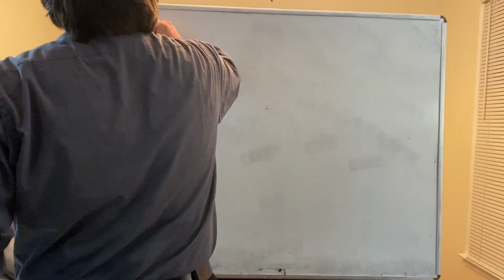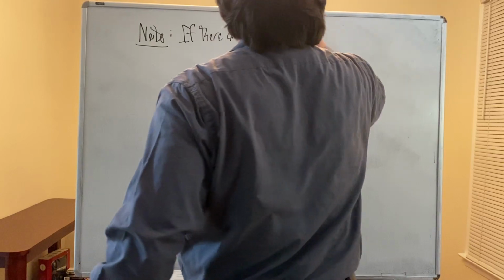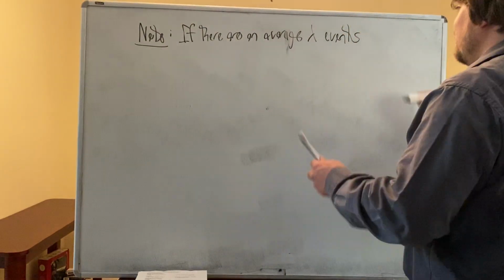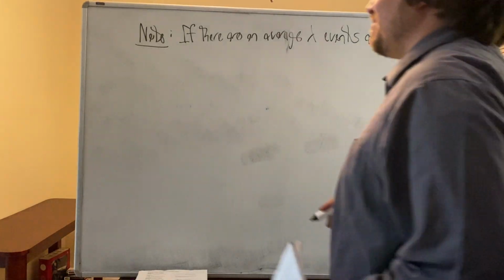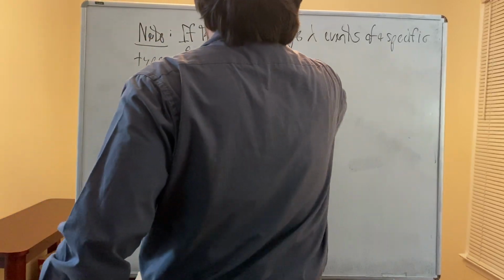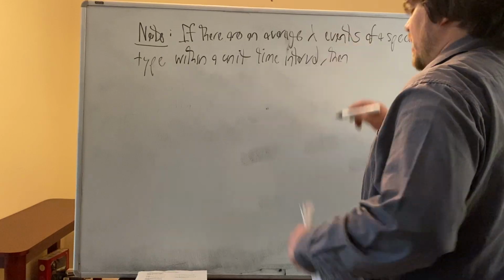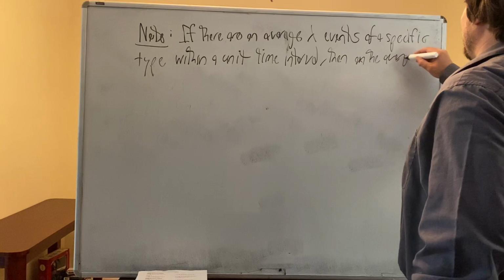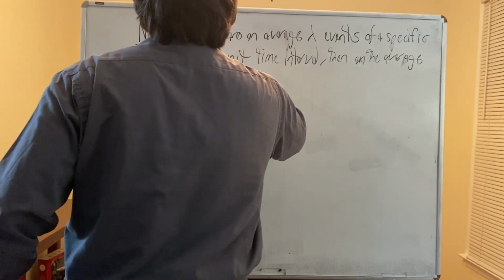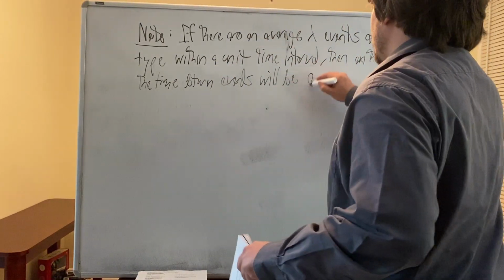Notes. If there are on average lambda events of a specific type within a unit time interval, then on the average the time between events will be theta equals 1 over lambda.